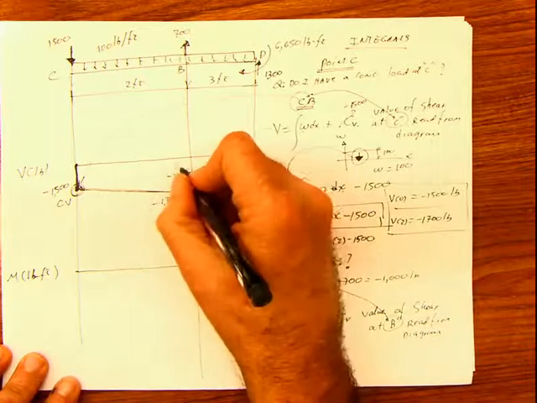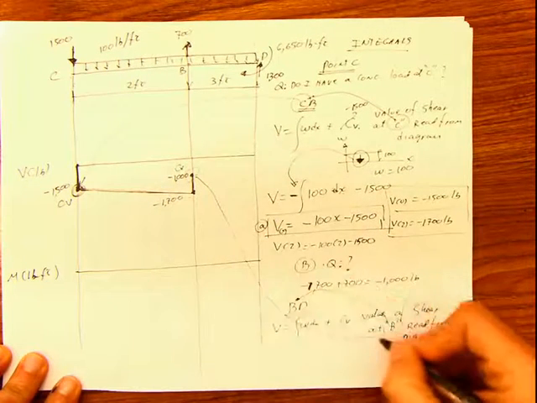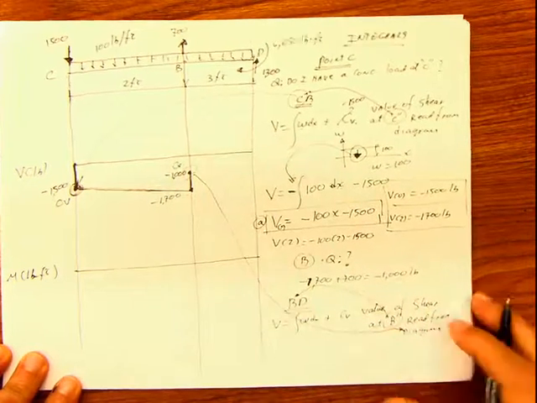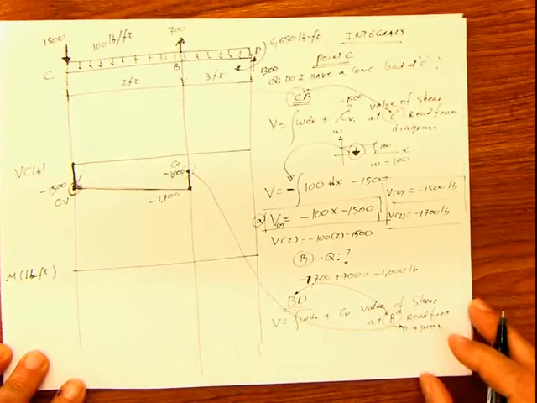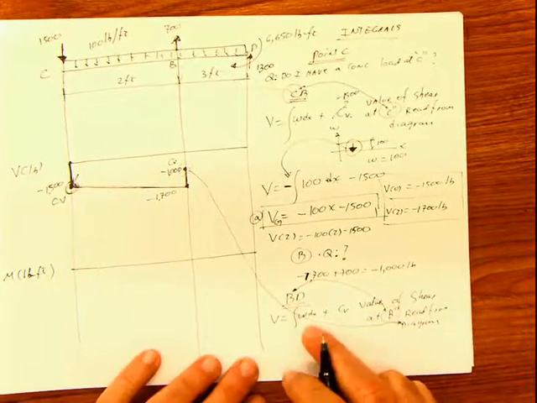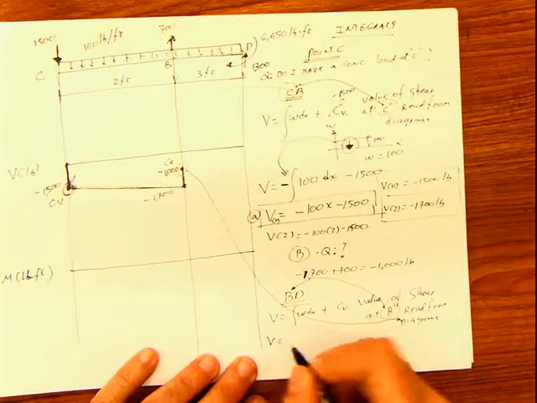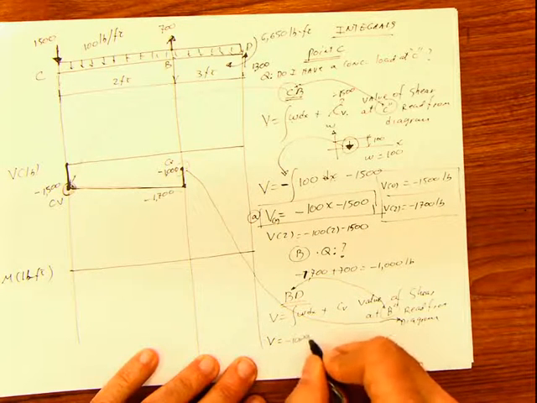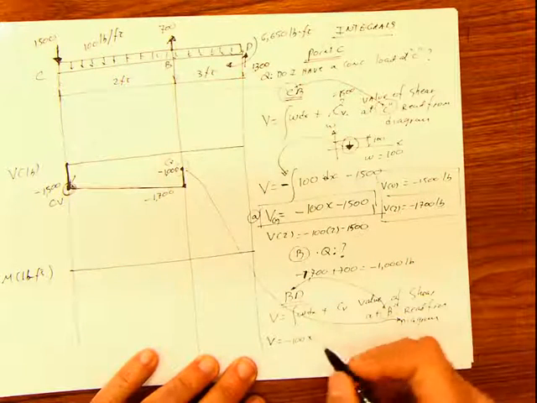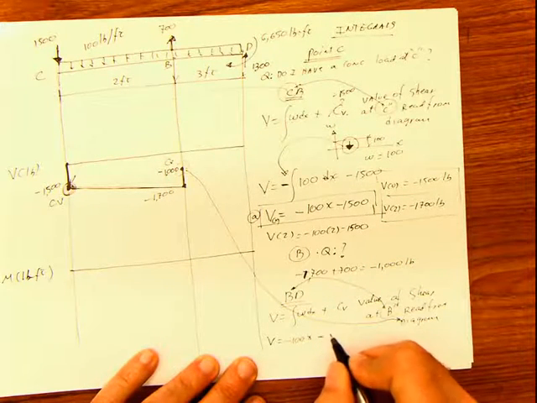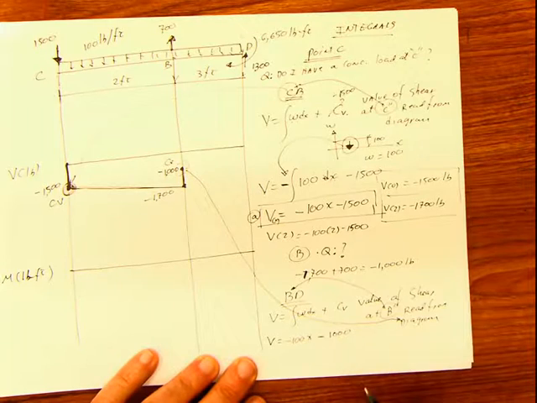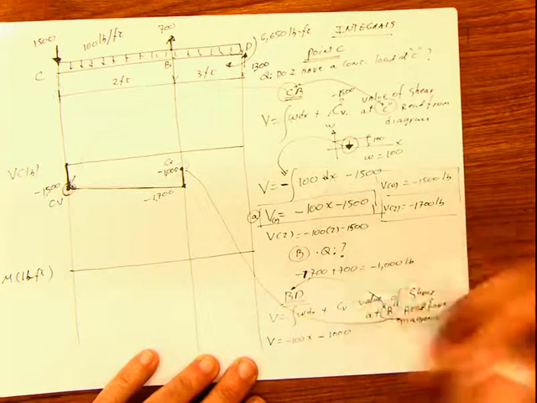This is my CV for this part. Read from the diagram, right there. And the load is the same case, like this. So my V is going to be negative 100x, only because it's the same load, but the constant is changing. Now it's 1000. You can do the integral, etc.